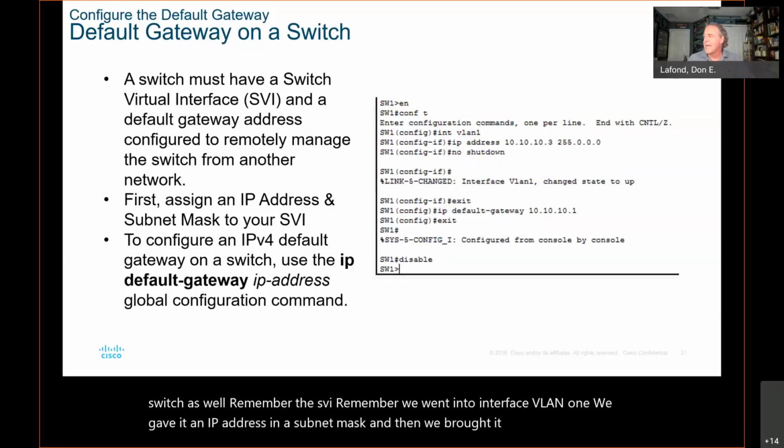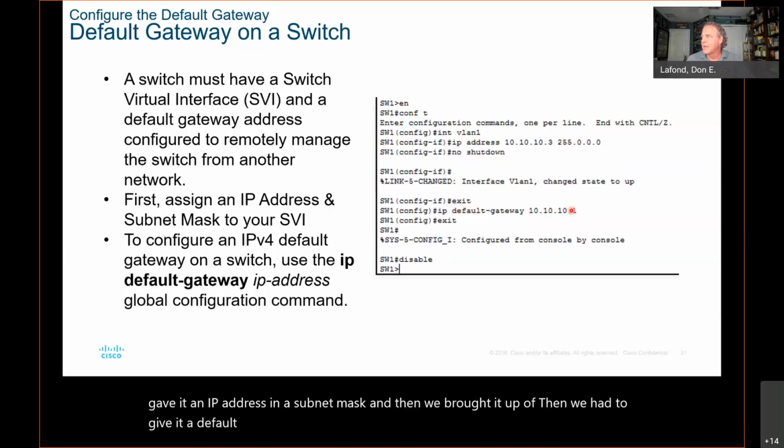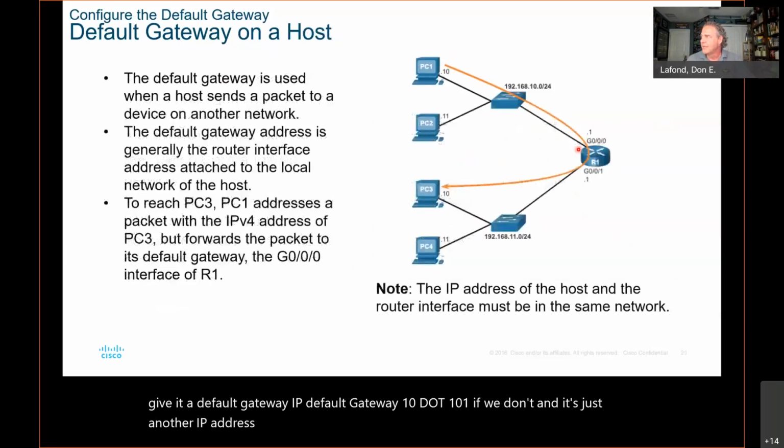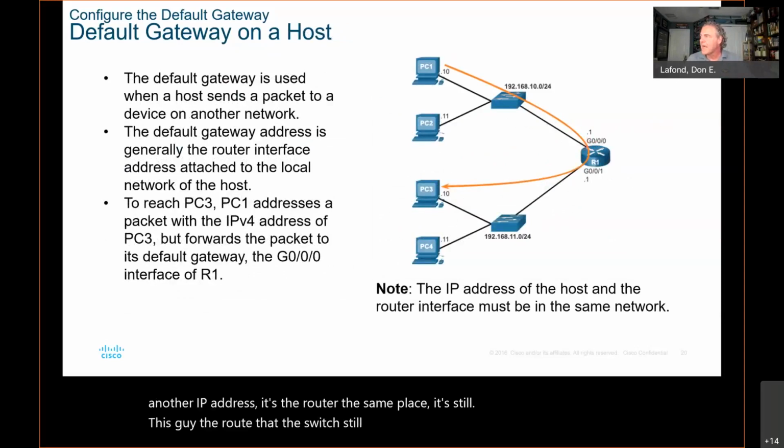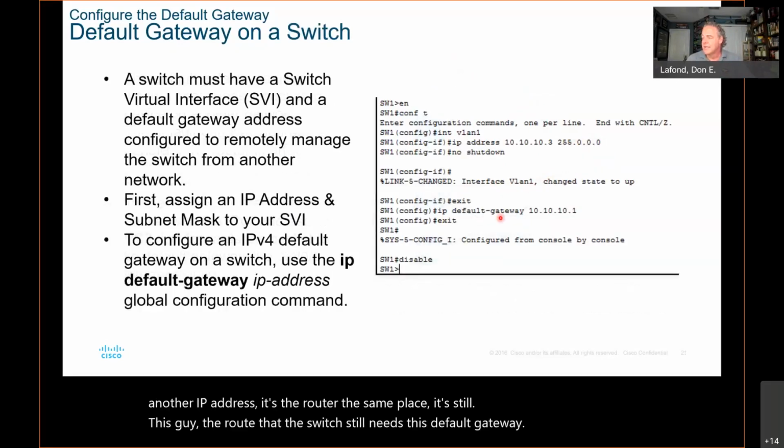Then we had to give it a default gateway, ip default-gateway 10.10.1. It's just another IP address, it's the router, the same place, it's still this guy.